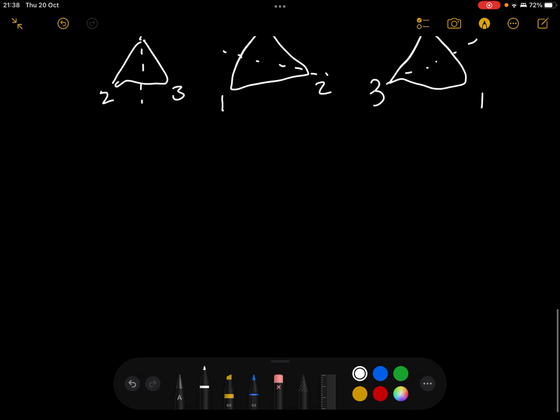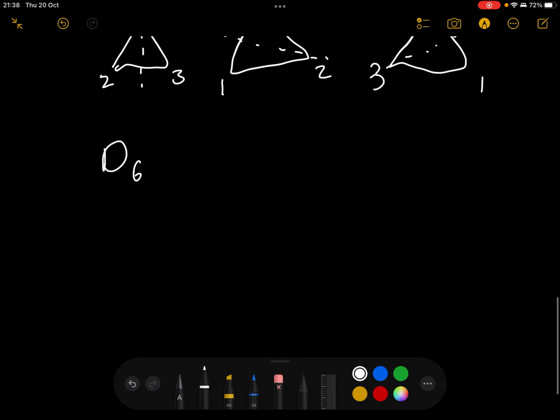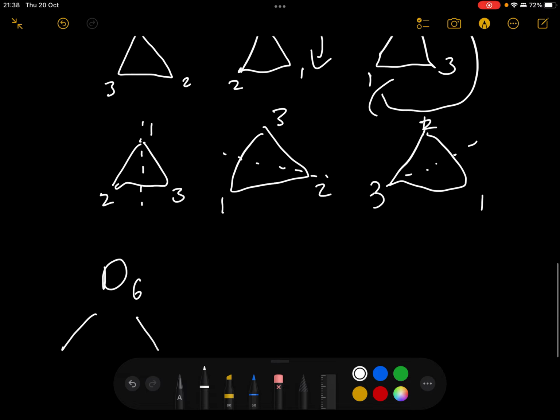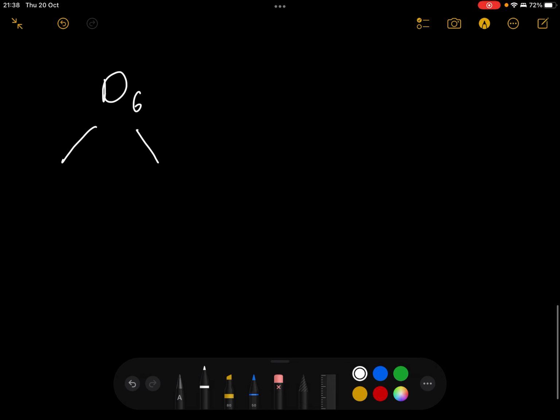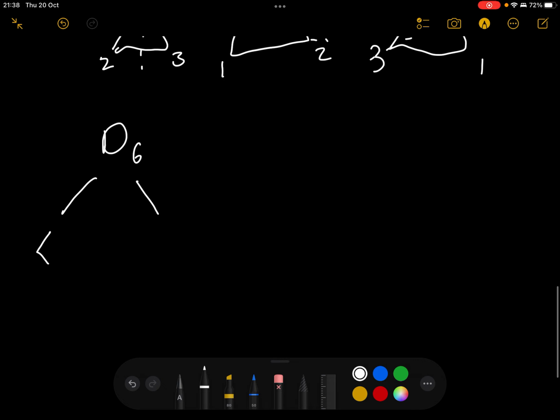and this is called a dihedral group of D6, dihedral group of order 6, and essentially it's actually composed of 2 different groups. One is a cyclic group of order 3, and then another cyclic group of order 2.